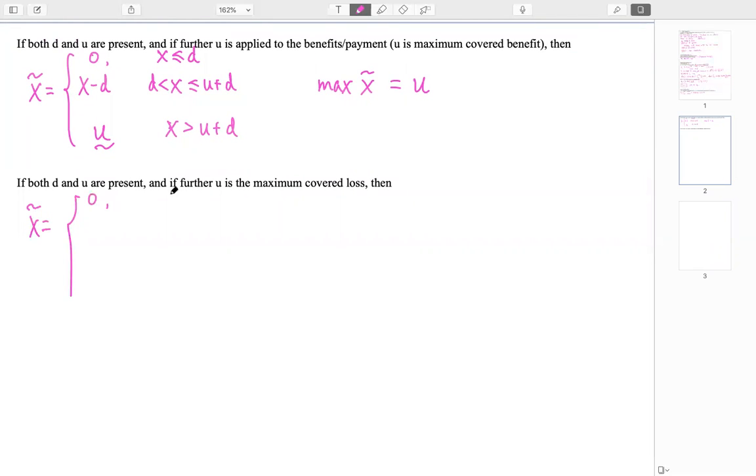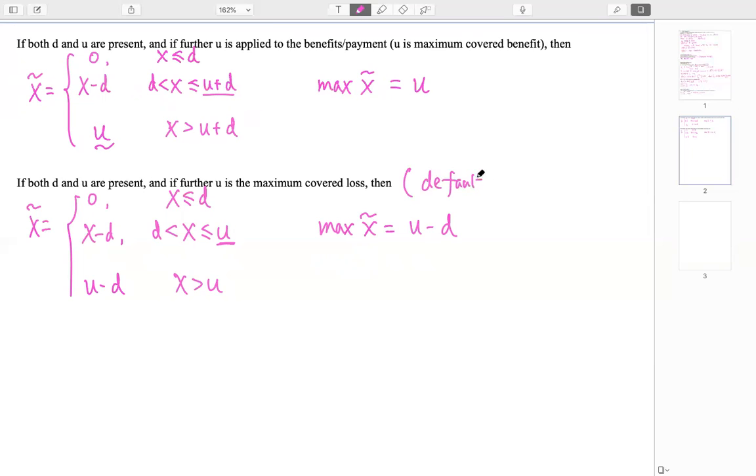It will be 0 if the original loss is less than the deductible, and it will be X minus D if X is greater than D but less than U. And if X is bigger than U, it will be U minus D. So from here, you can see the maximum payment would be U minus D. That is the difference. Usually, this is the default setup.